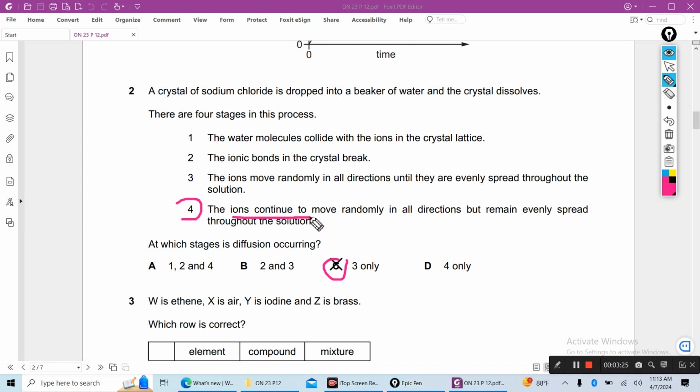The ions continue to move randomly in all directions but remain evenly spread throughout the solution. The ions move randomly in all directions until they are evenly spread throughout the solution. So 3 is the correct answer for diffusion occurring.